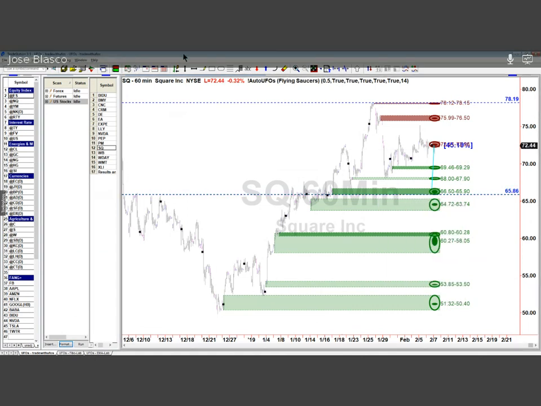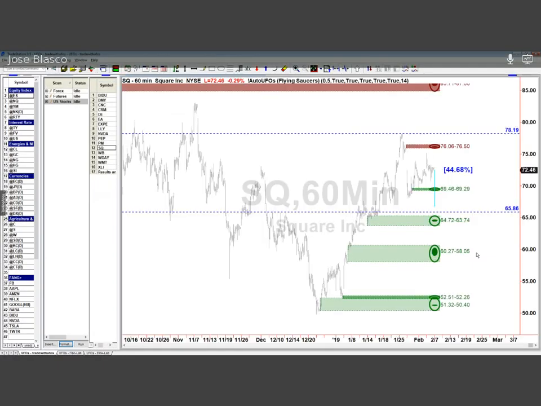If I look at regular market data instead of pre-market data, it's further away from those two UFOs that show on the screen. So basically, I got UFOs from the regular session protected by UFOs from the pre-market session, which is good, and price is more or less in the middle. So that is actually a nice setup for an iron condor.